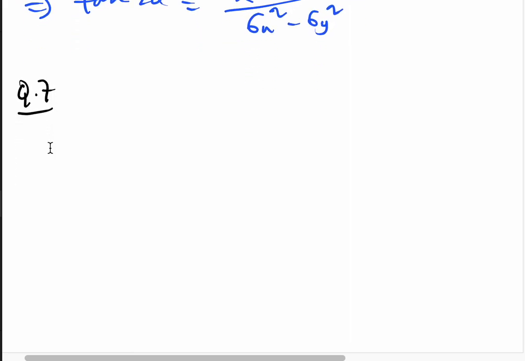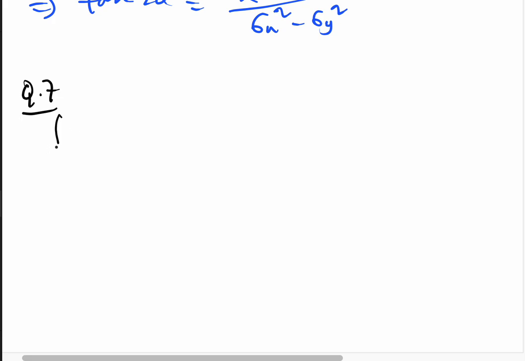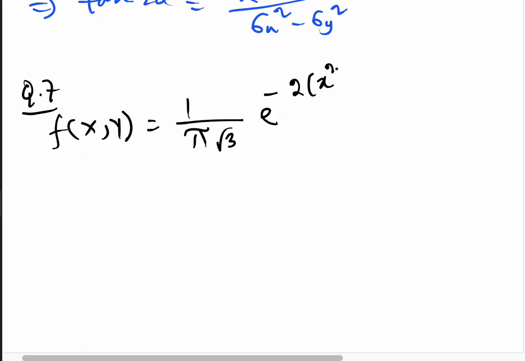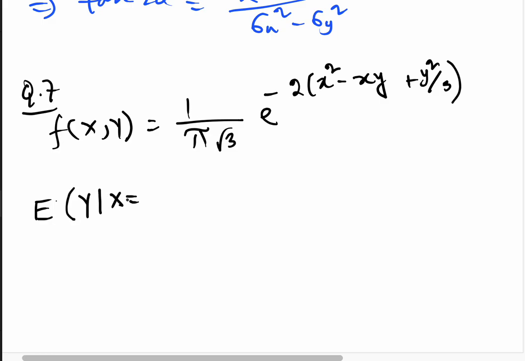Question number 7 is following. So if the joint density of X and Y is 1 by pi root 3 e to the power minus (2 x square minus xy plus y square) by 3, find the expectation of Y given X equal to small x.